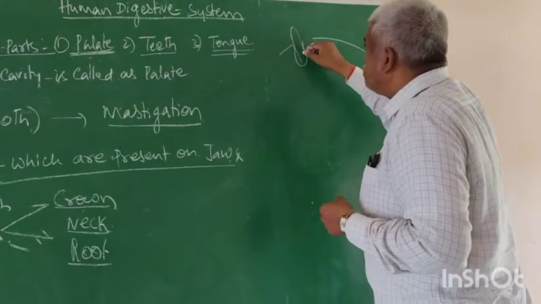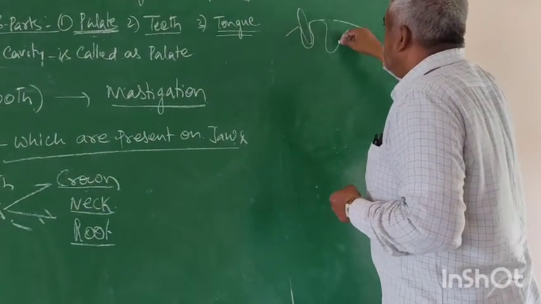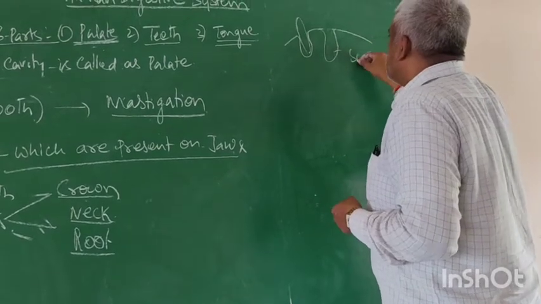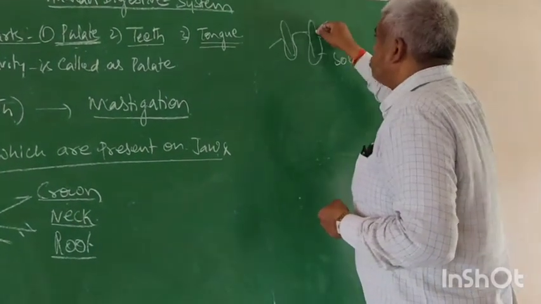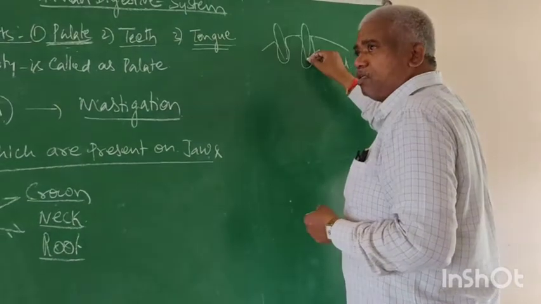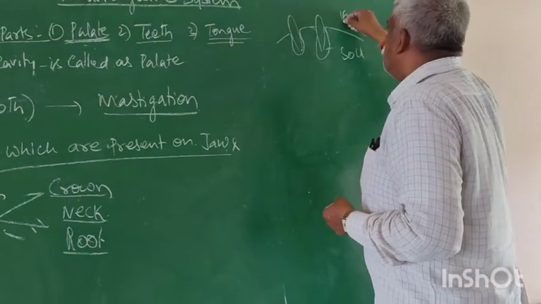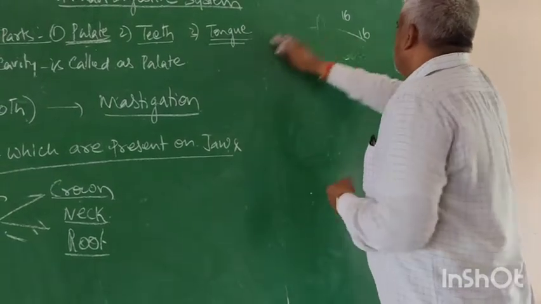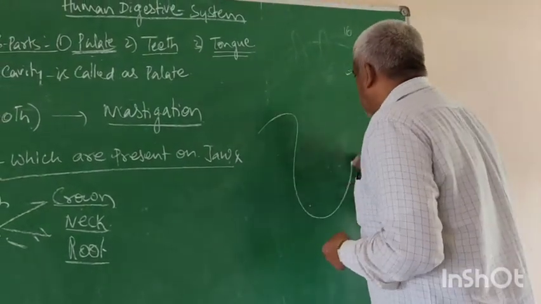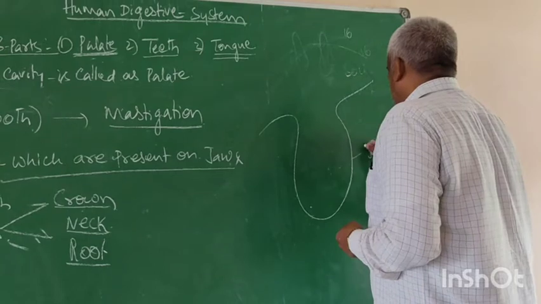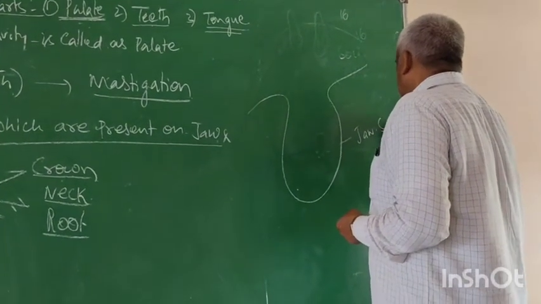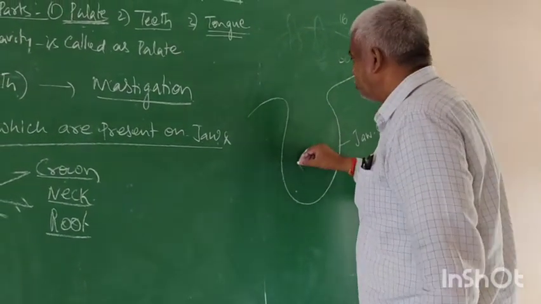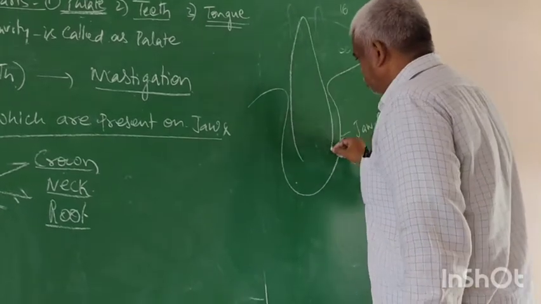This is a tooth, and this is another jaw socket with a tooth. Like this, upper jaw 16, lower jaw 16. Now see, this is the jaw socket. Now, it is the tooth.